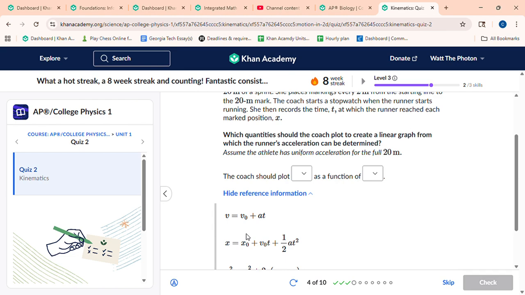Acceleration is our question mark, time is t, and we need delta x.